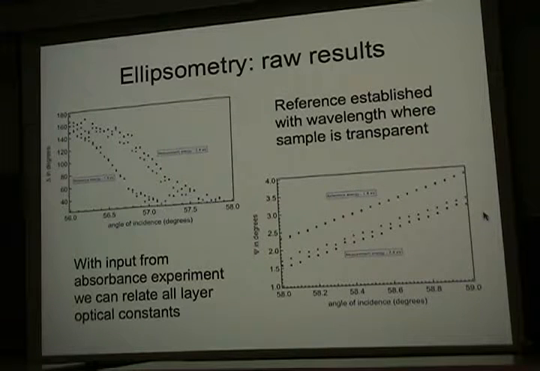So this is the kind of result you get from doing an ellipsometry experiment on these DMR layers. The blue and red points overlaid on top of each other are ellipsometry data for a wavelength outside of the absorption band of the monolayer. So the monolayer is transparent at that wavelength, and you get no change.